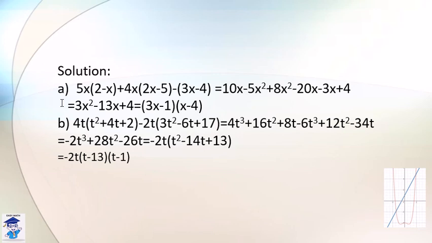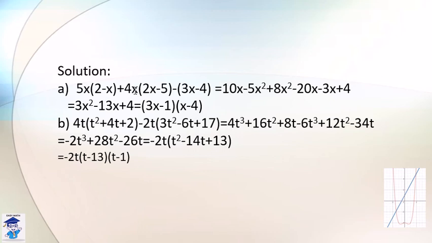And the solution A. We have to expand it, then simplify. 5x times 2 is 10x. 5x times negative x is negative 5x squared, right? And the third term is 4x times 2x is 8x squared.